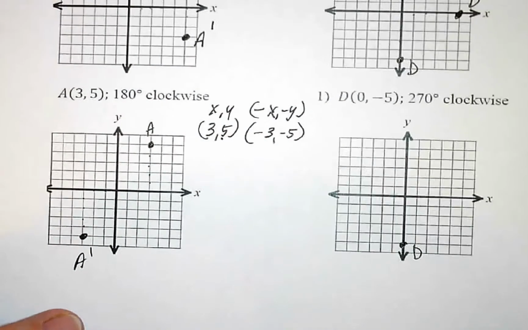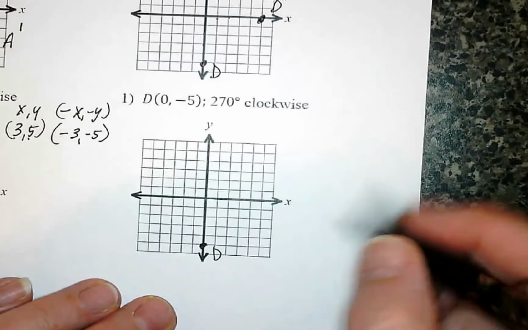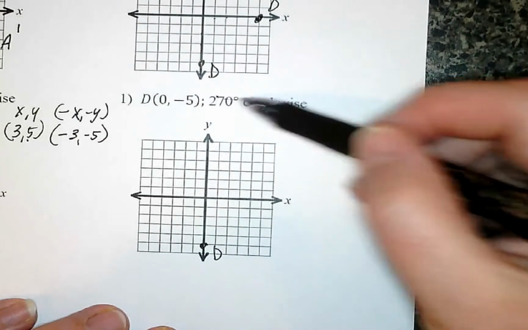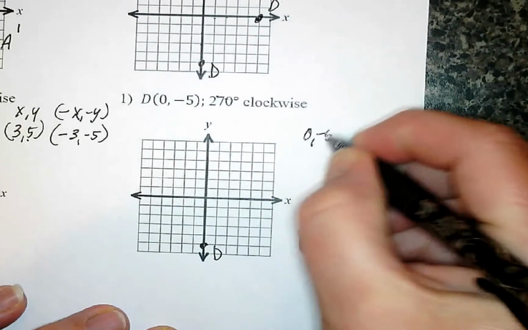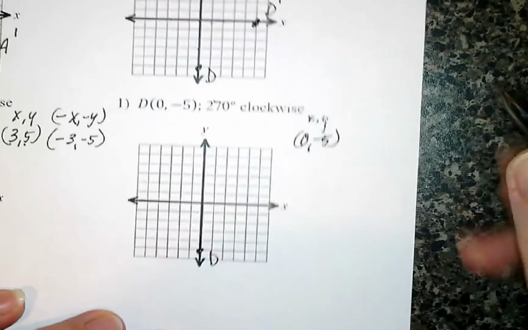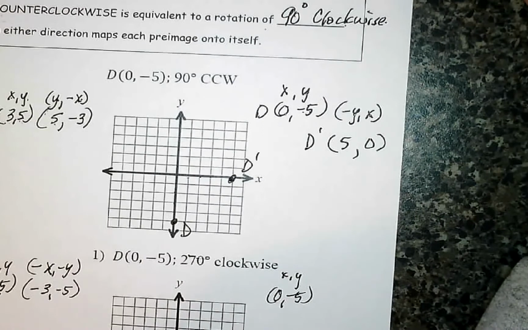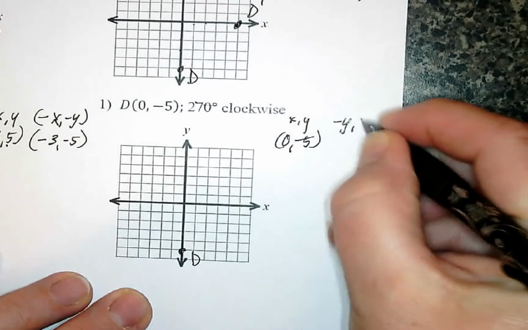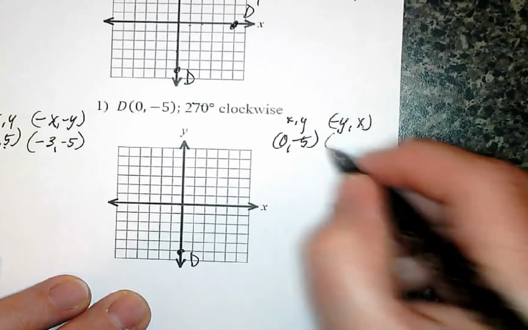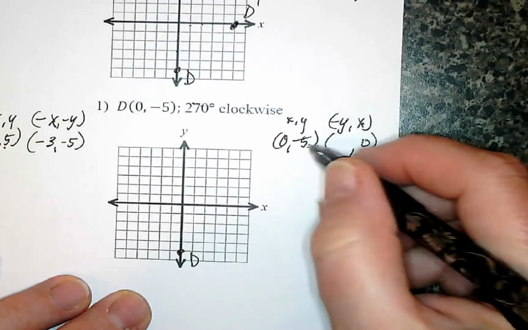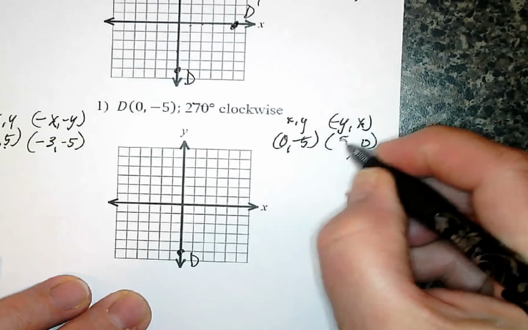Okay. And my last one here, my last example, again, I'm going to use this point 0, -5. It wants me to go 270 clockwise. So I go up to check my chart here. 270 degrees clockwise is opposite Y, comma, X. Okay, so again, I'm going to leave my X, my 0, and opposite the 5 is going to be +5.